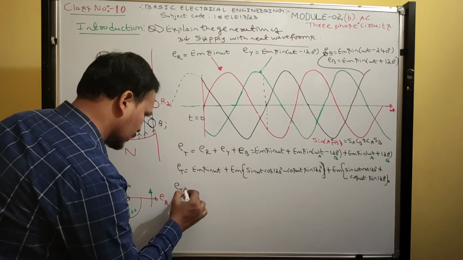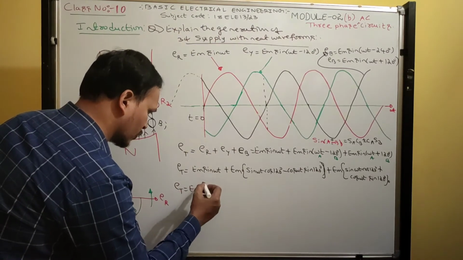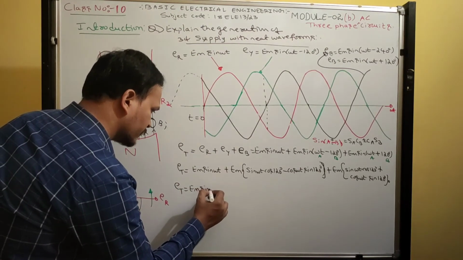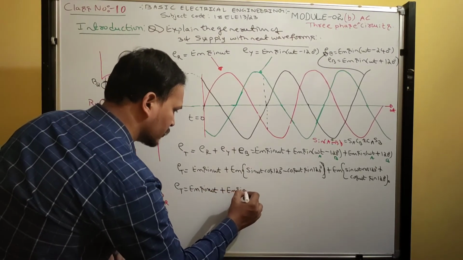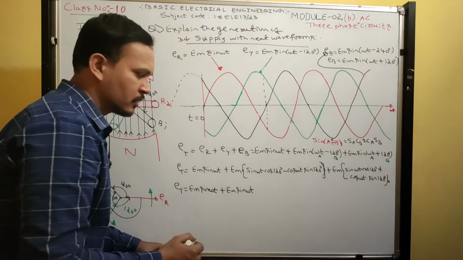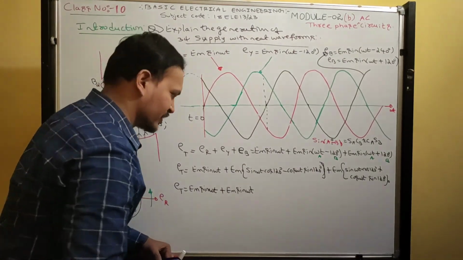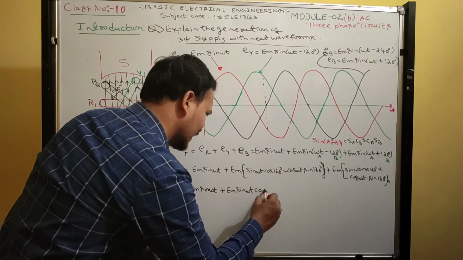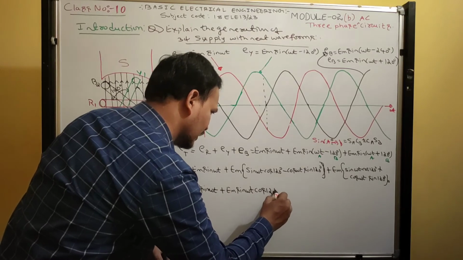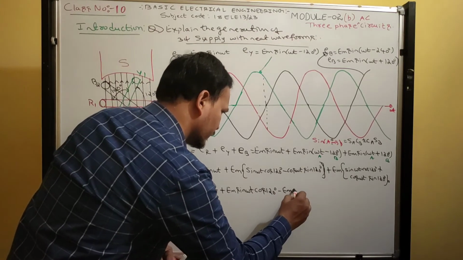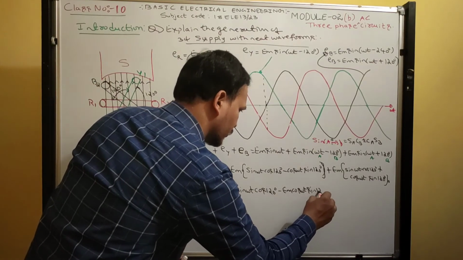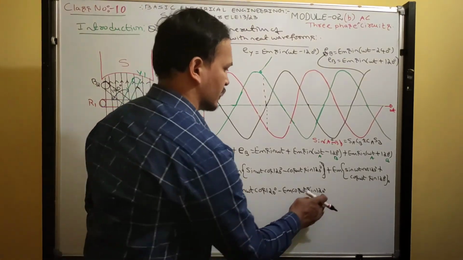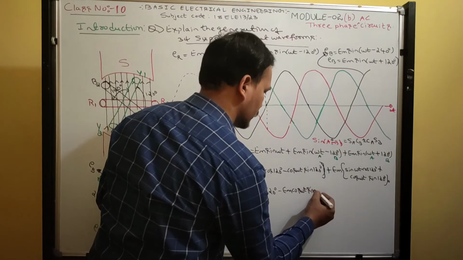So ET is equal to the resultant voltage or total voltage. EM sin omega t plus, multiply this accurately. Do it along with me. Okay, EM sin omega t cos 120 minus EM cos omega t sin 120 degrees.